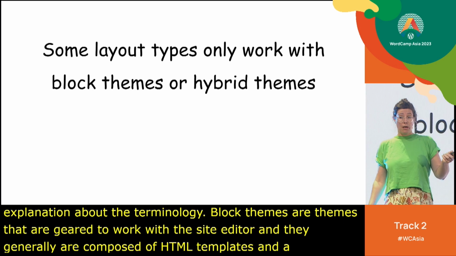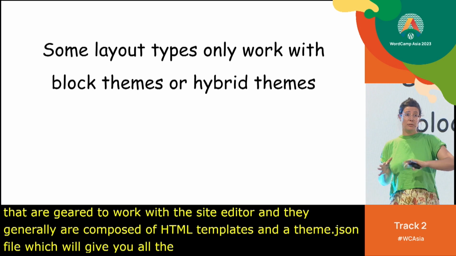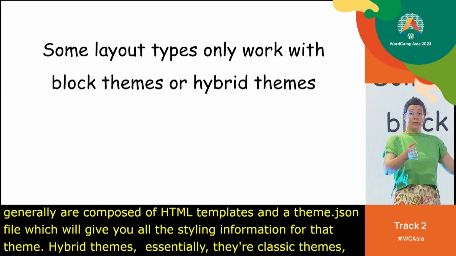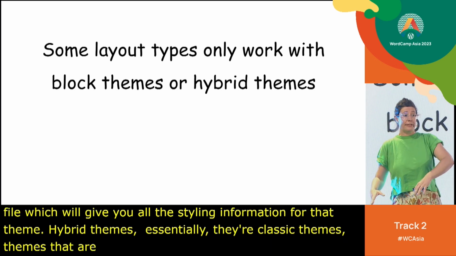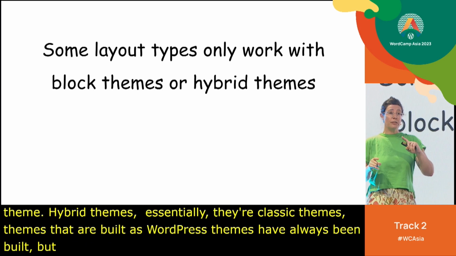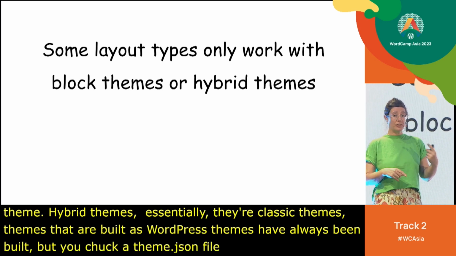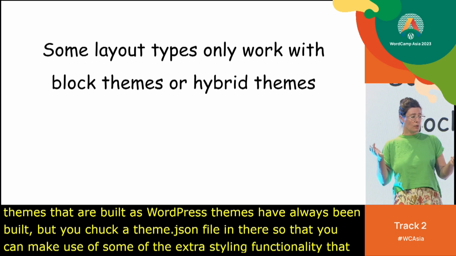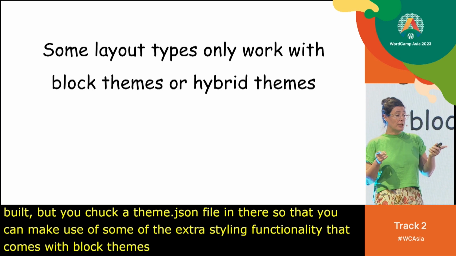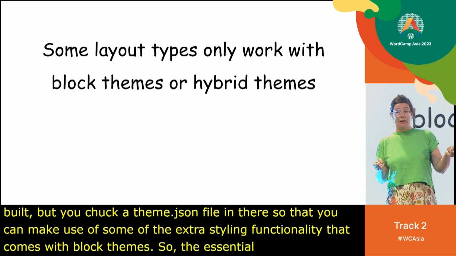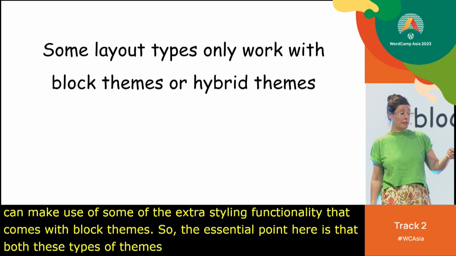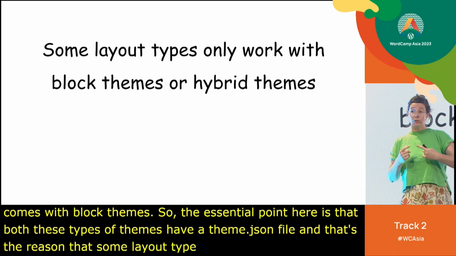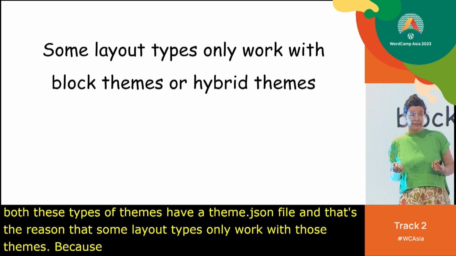Hybrid themes are essentially classic themes, so themes that are built as WordPress themes have always been built, but you chuck a theme.json file in there so that you can make use of some of the extra styling functionality that comes with block themes. So the essential point here is that both these types of themes have a theme.json file, and that's the reason that some layout types only work with those themes, because they depend on certain settings in that theme.json file.